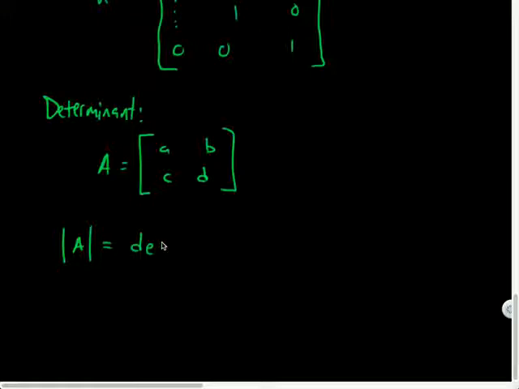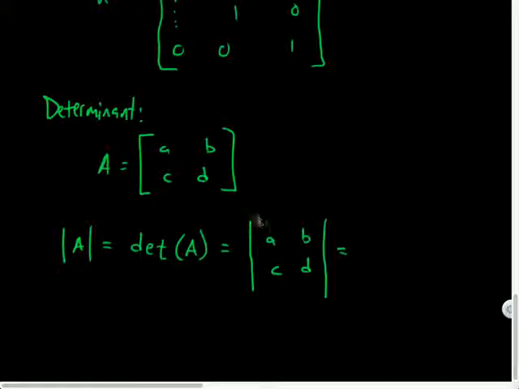I also could write A, B, C, D with absolute value-ish bars around the elements of the matrix. So these are 3 ways of writing determinant.